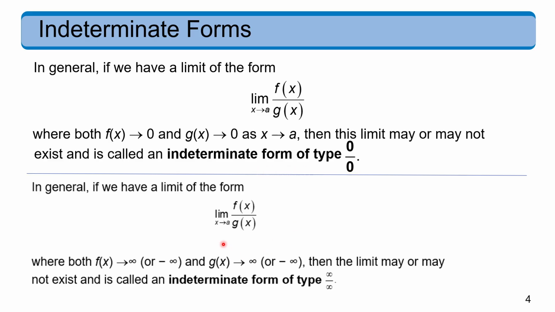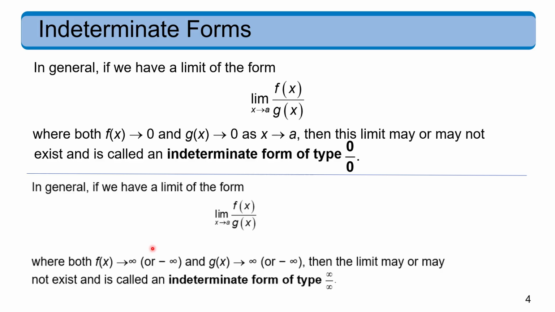Then we saw another type. Again, it was limit of a fraction, some expression in x over another expression in x, as x approaches a finite number. And when we looked at the numerator and denominator separately, they were both going to infinity. And it doesn't matter if they're plus or minus infinity, either one. Again, we said that form was indeterminate because the numerator and denominator were competing against each other.